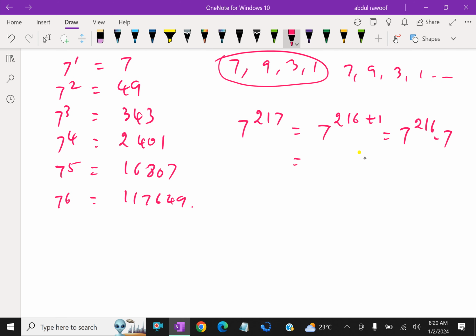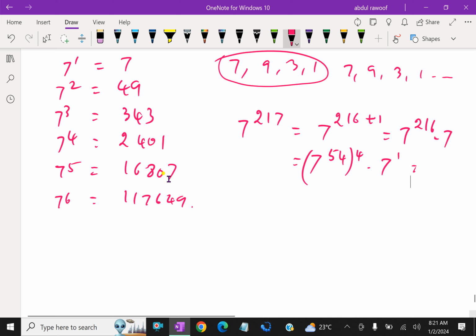Further, 7 power 216 is 4 times something; 216 divided by 4 is 54. So that is 7 power 4 into 54, into 7 power 1.